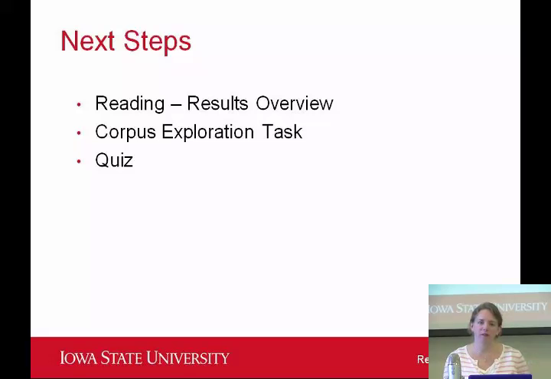So as we move forward from this lecture, you'll need to review the reading about the results overview and go and look at your corpus. How is your results section structured when you look across the different papers in your field? What's the name? How long is it? Is it long? Is it short? Is it very detailed or more general?